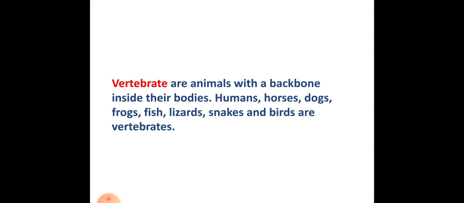So vertebrate animals are animals with a backbone inside their bodies. Humans, horses, dogs, frogs, fish, lizards, snakes, and birds are vertebrate animals. So as I said again, vertebrate animals are all animals with a backbone in their bodies.